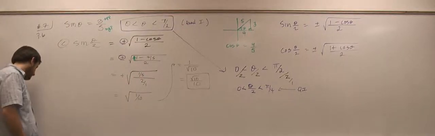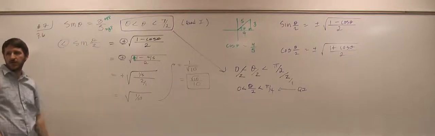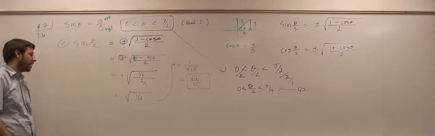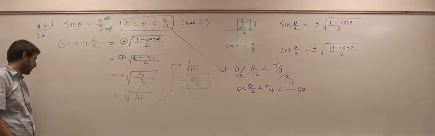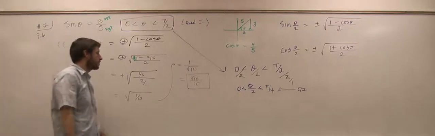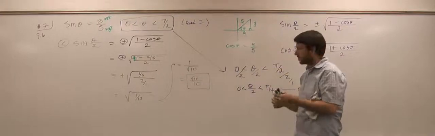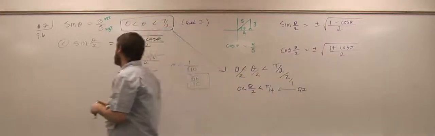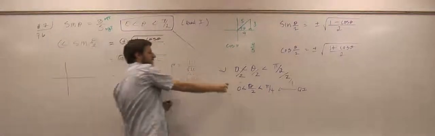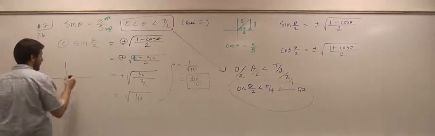By the way, say that you didn't want to do all of this again for cosine of theta over 2. How can you get cosine of theta over 2 now without using the formula? You can draw a triangle for theta over 2 instead of theta. Now that you have sine of theta over 2, you can draw a triangle. It'll be in the first quadrant because of this. Theta over 2 is way over here.